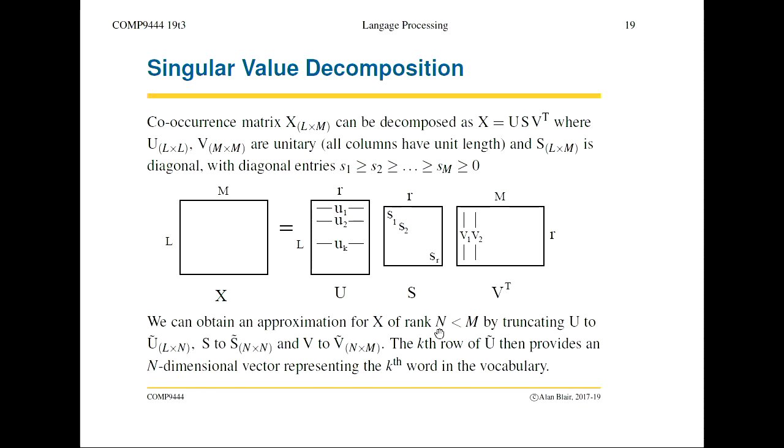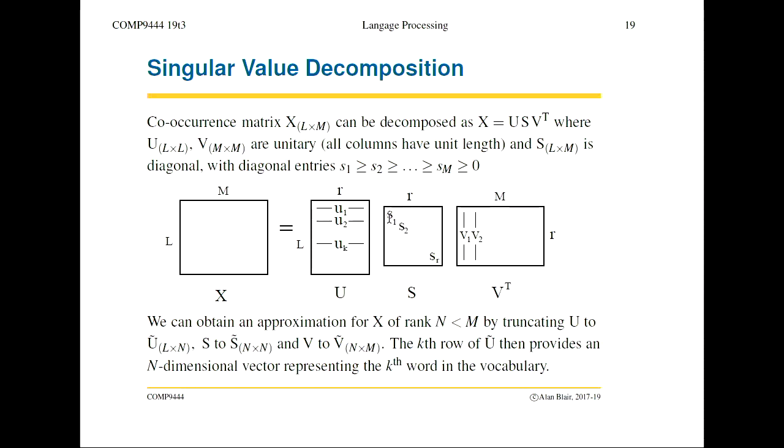What we can do is truncate this matrix. We can throw away some of these singular values. If the matrix has full rank, we might originally have M of these singular values, but we can just set some of them to 0 and keep a smaller number.